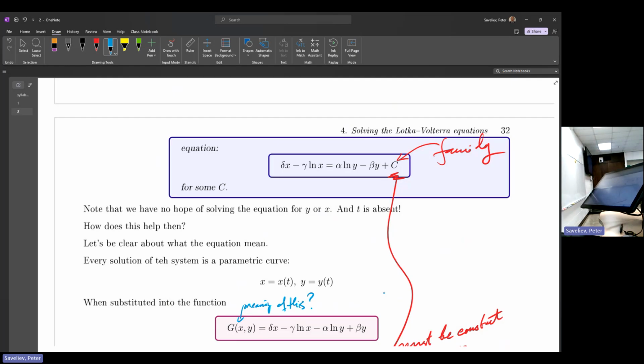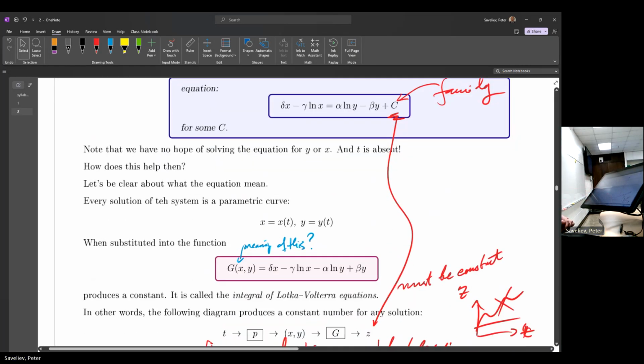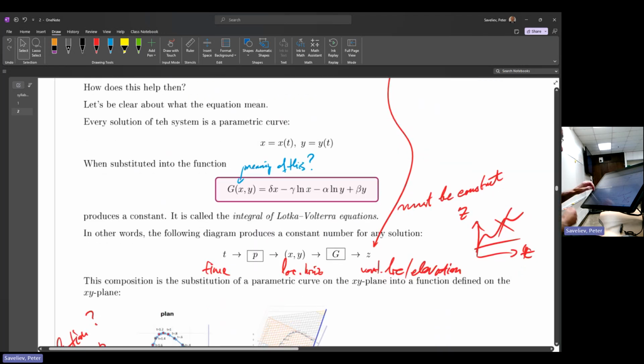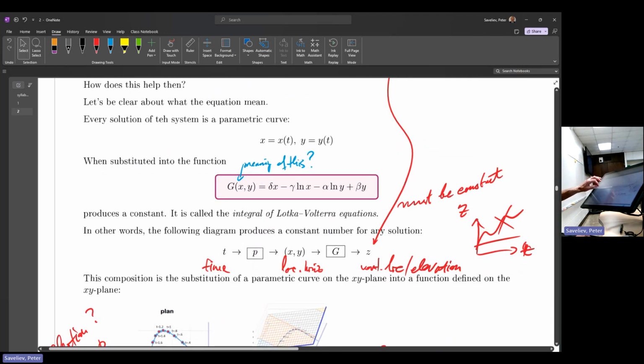But that's okay. So maybe there is some physical meaning. So you can look at the units. The units are kind of interesting here. Kind of a weird combination of the number of rabbits and foxes. Well, okay, so just leave it as is.